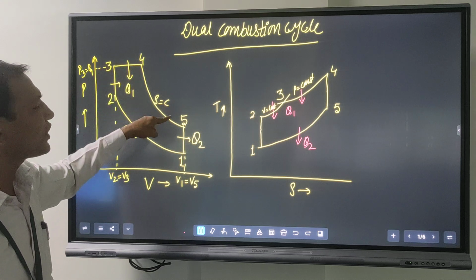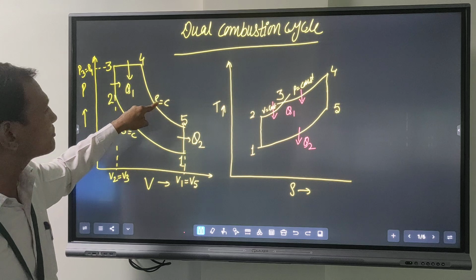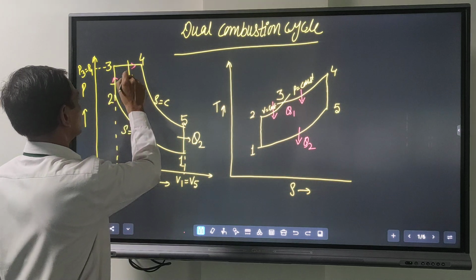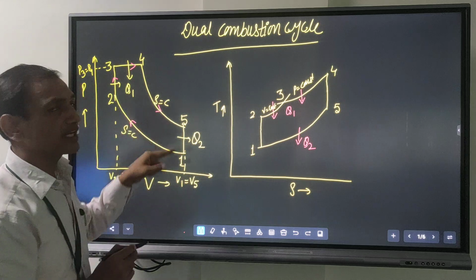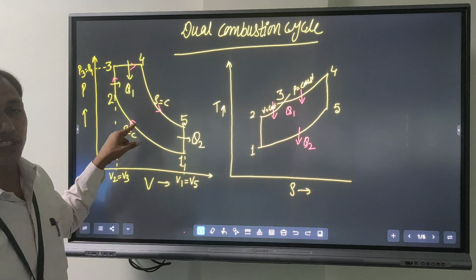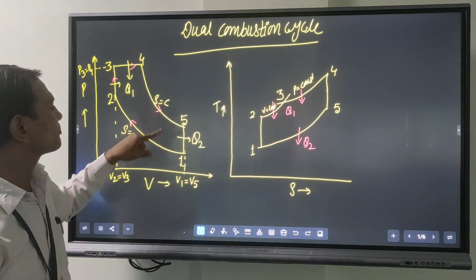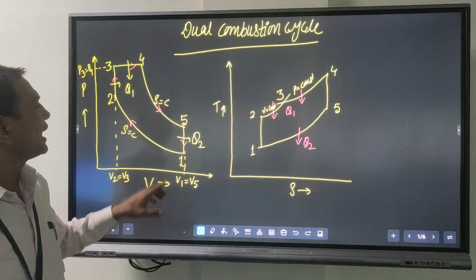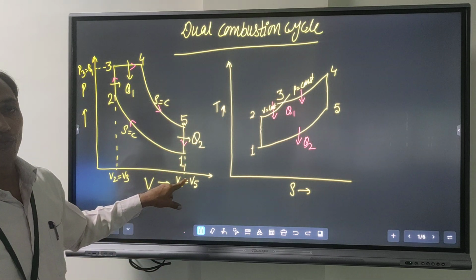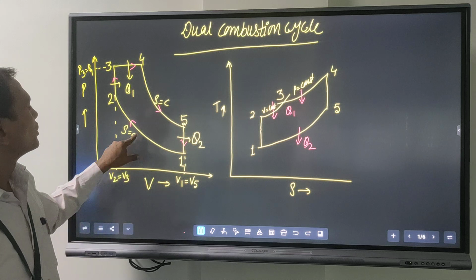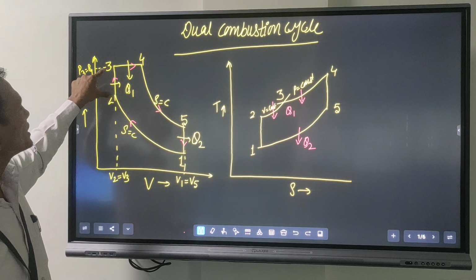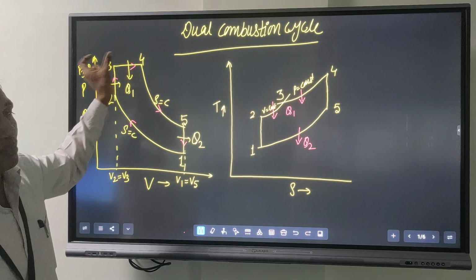And 4 to 5 is the isentropic expansion process, a reversible adiabatic expansion process, where entropy is constant, and 5 to 1 is heat rejection at constant volume. So here there are two isentropic processes, two isochoric processes, and one isobaric process.